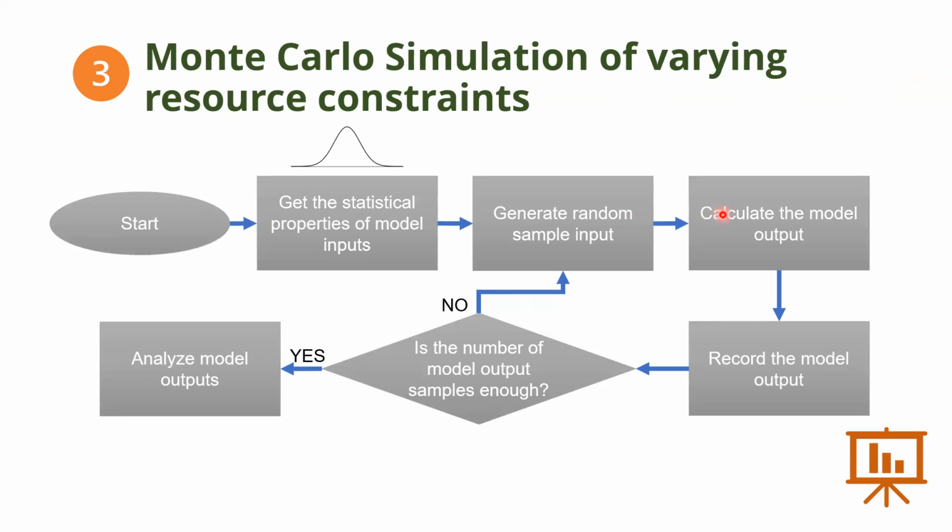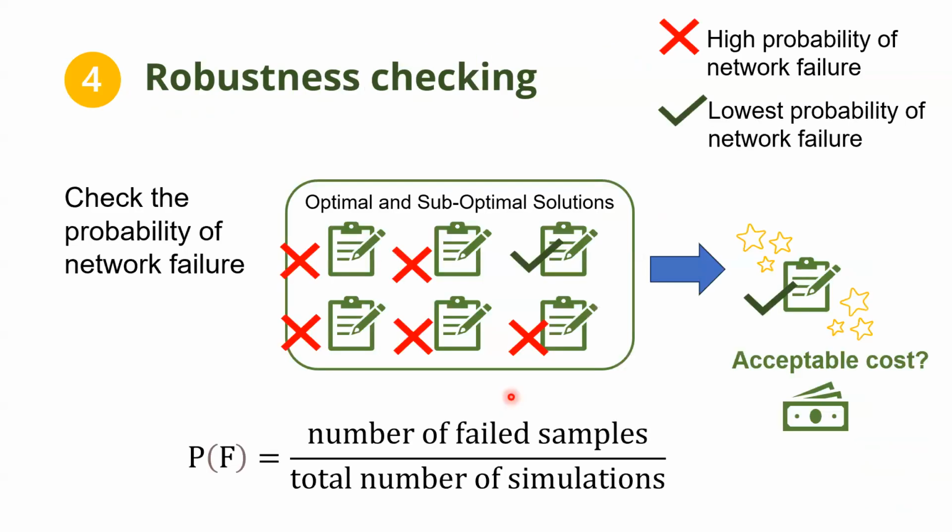The results are recorded. The procedure is repeated until the number of simulations reach a large number, in this case, 1,000. The probability of network failure are calculated for each solution.